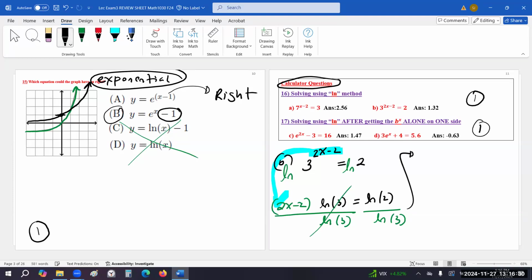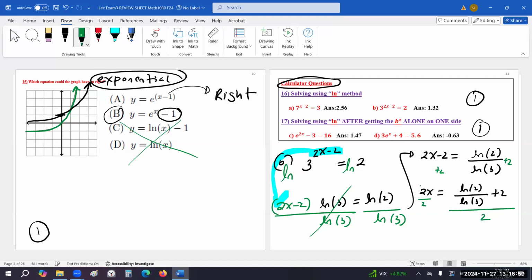Let me do the rest here. 2x minus 2 is ln of 2 over ln of 3. Add 2, add 2. So 2x is ln of 2 over ln of 3 plus 2. We divide the whole thing by 2.